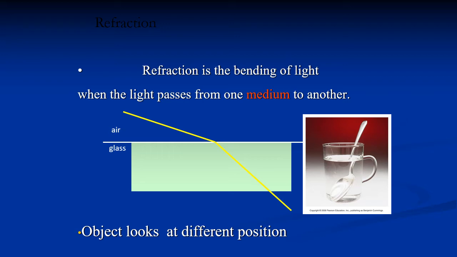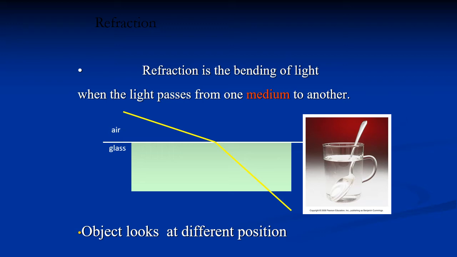In this picture, we have a glass filled with water and there is a spoon in it. When an observer looks at the spoon from outside, the rays coming from the water, which is a thick medium, pass through the air in the empty glass.